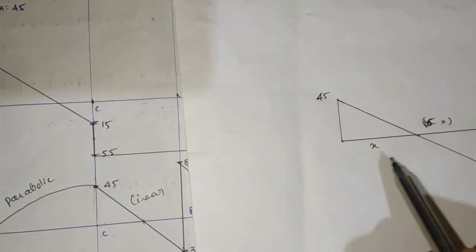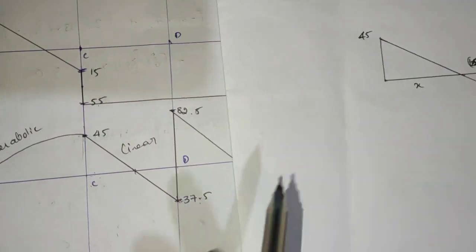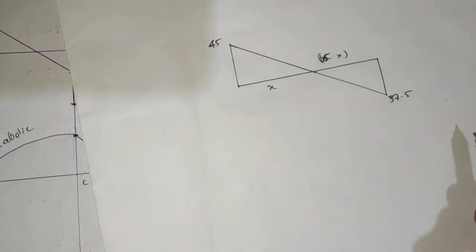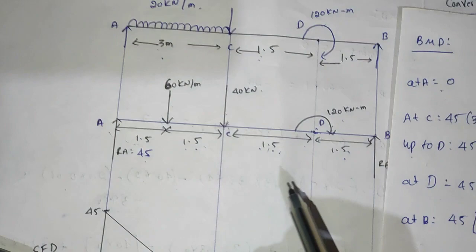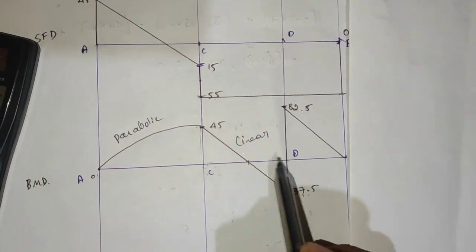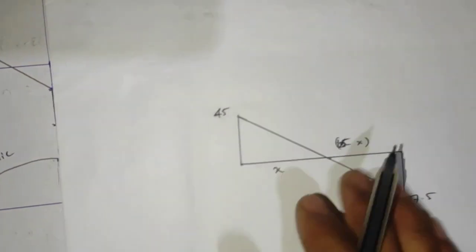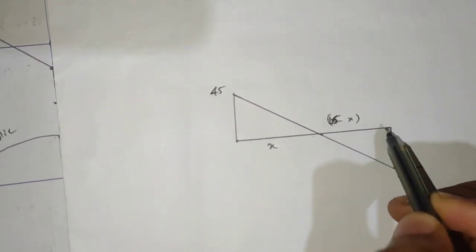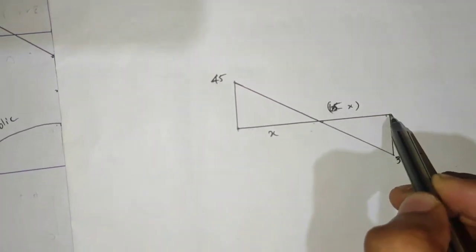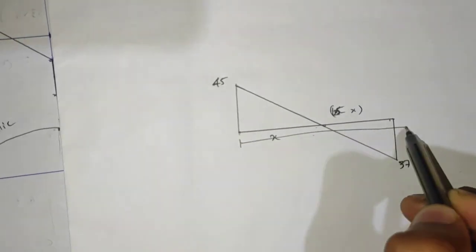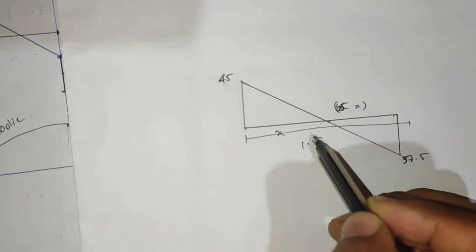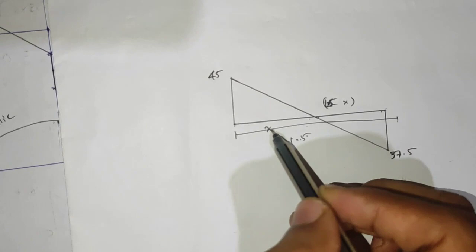Consider this as x, then that is 37.5, I have written 37.5. The overall distance is 1.5, so this distance is 1.5 minus x. If this is x, this is 1.5 minus x.